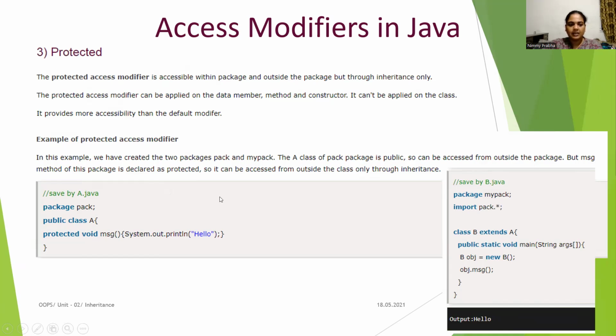Then in package mypack, we import the package pack, and class B extends class A from the pack. Then we create an object and call object.message. So we can use it like this.